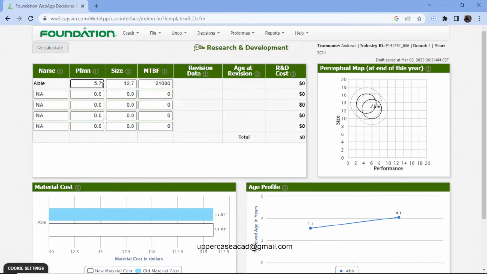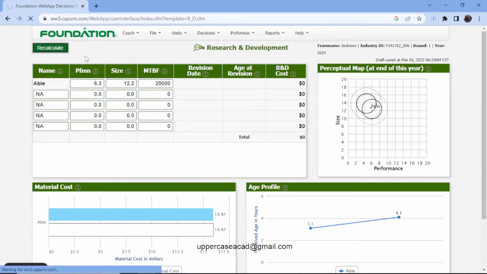So let me give my product a performance of 6.3 and a size of 12.2. I'll bump down the MTBF to 20,000 because I want it to sell both in the high-tech and the low-tech. So I'll recalculate.